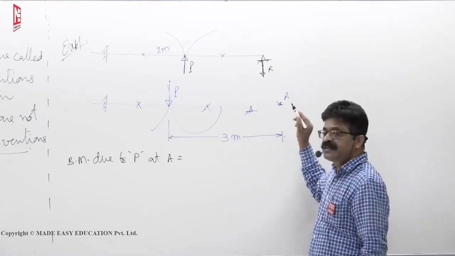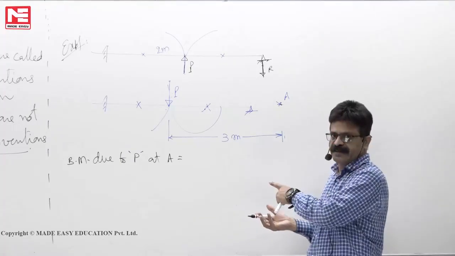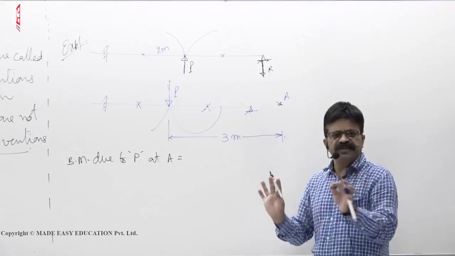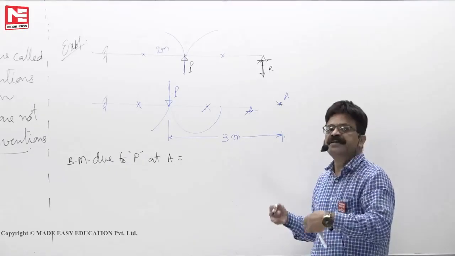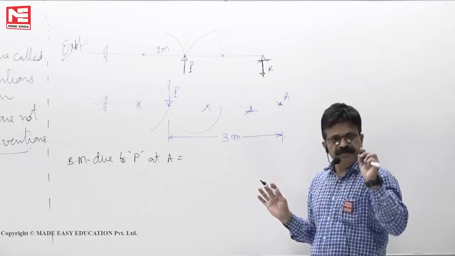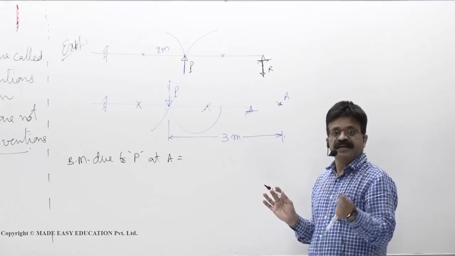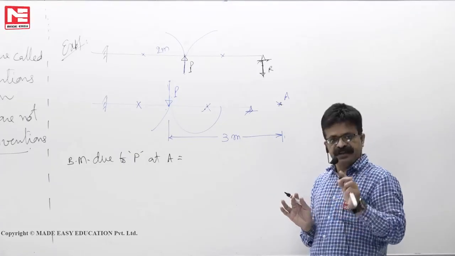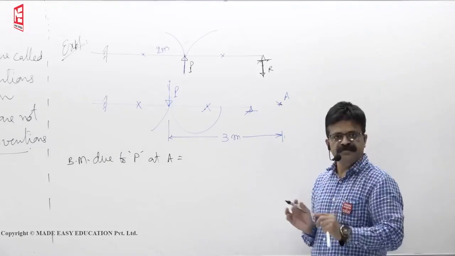So bending moment cannot exist because there is nobody to bend at A. But external rotational effect, simply rotational effect, is P into 3. It may not bend anyone, may not twist anyone. Simply moment means the external rotational effect of a force. If at all it bends, then we say that there is a bending moment. If at all it twists, then we call it twisting the member.